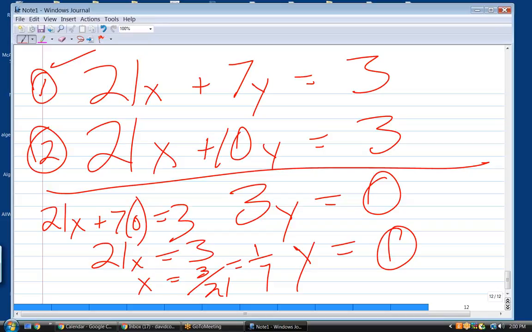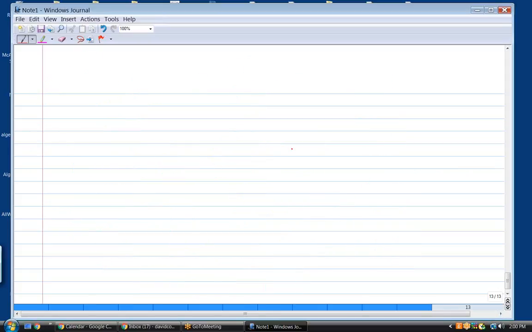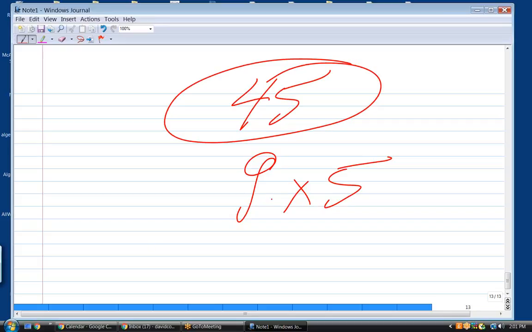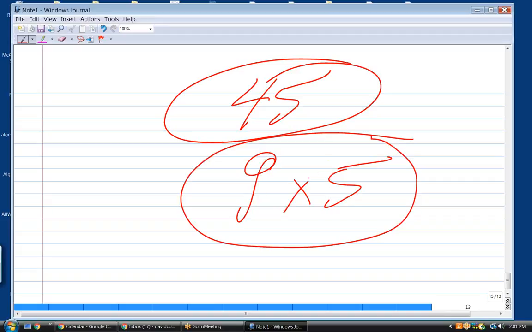If I told you to factor the number 45, to me, I know that's instantly 9 times 5. But I doubt that you knew that. Because unless you know your multiplication tables, you're not going to know that. So it's very difficult to factor with a calculator. And yet that's one of the skills you really need to be able to do.